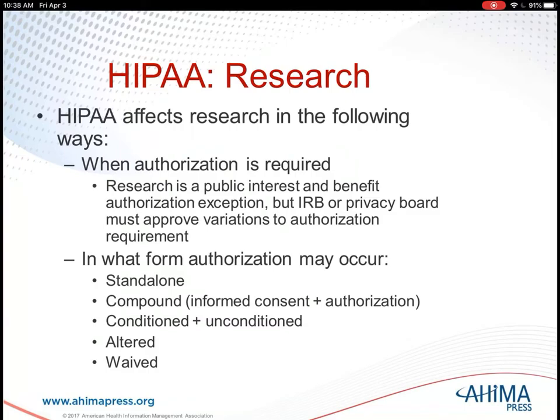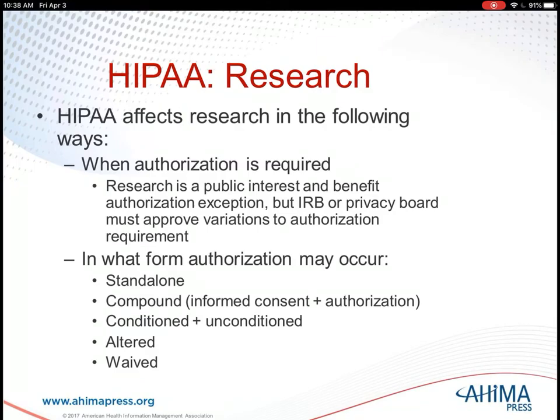Now, it says they provide situations, and this is talking about the privacy rule, when individual HIPAA authorization is required for the use and disclosure of information for research, as well as when it is not. Now, authorization is required when the research is of public interest and benefit, but there are exceptions.